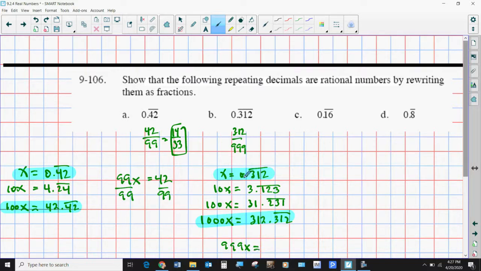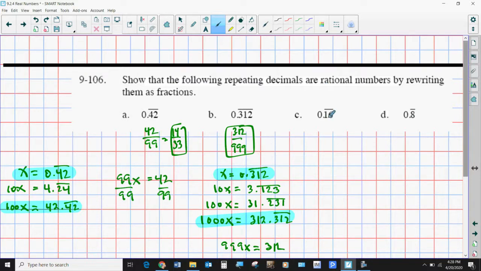And 312 minus the 0 is 312. So when you divide each side by 999, you end up with this. Once again, this can be simplified, but I am not concerned about simplifying these fractions right now. This is hard enough to remember without having to deal with that. Okay, so let's just go ahead and finish this.